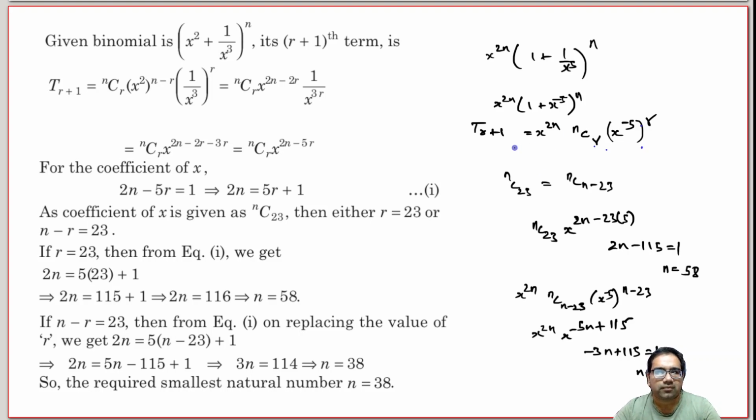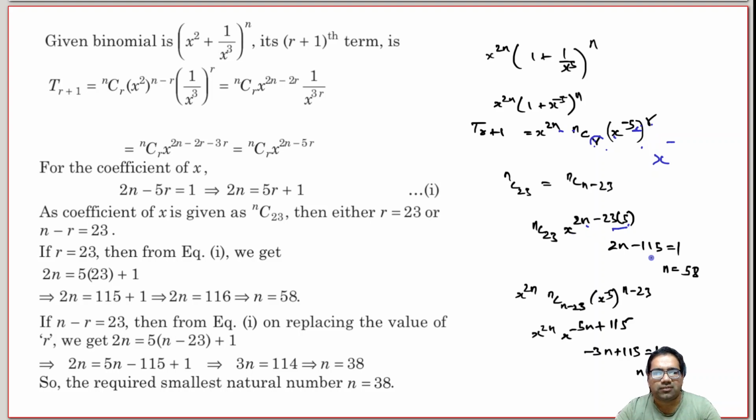When we are using nCr, we can use nC(n−r) also, since nC23 equals nC(n−23). So when r is equal to 23, we get x²ⁿ times (x⁻⁵)²³, which is x to the power 2n minus 115, as 5 into 23 is 115.